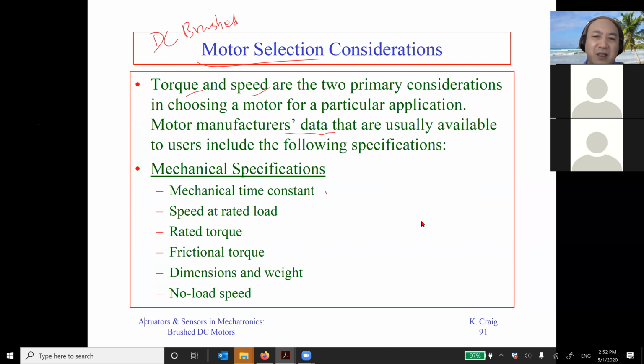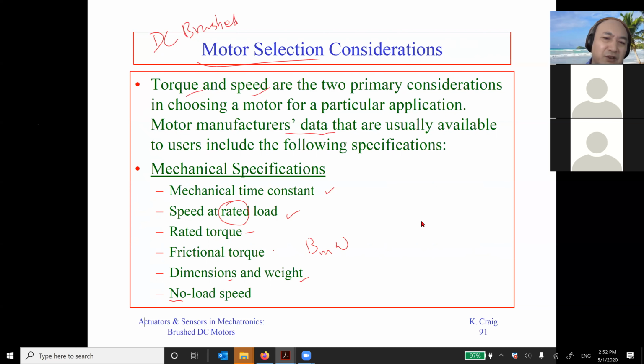What is the mechanical time constant, and the speed at the rated load? Rated meaning you are allowed to usually run on this load, not too big, not too small. Then you have a so-called rated torque, a frictional torque, that's a PM omega term, and of course the dimensions and the weight.